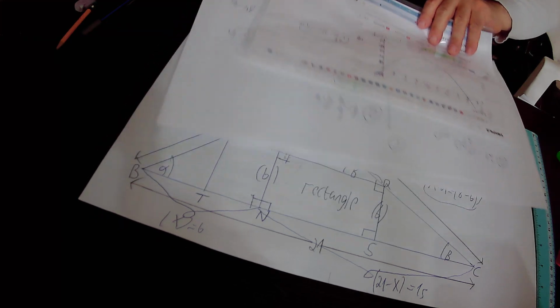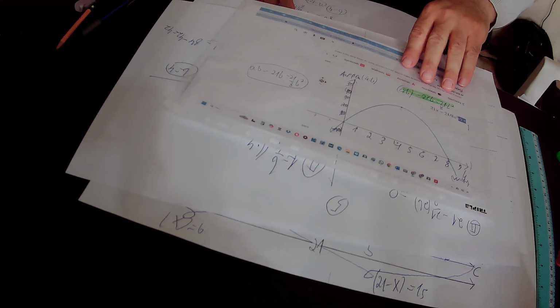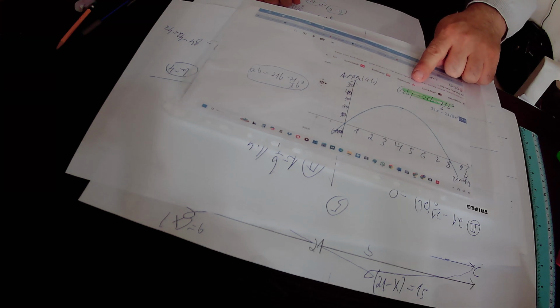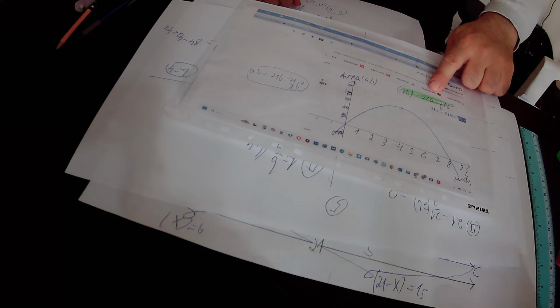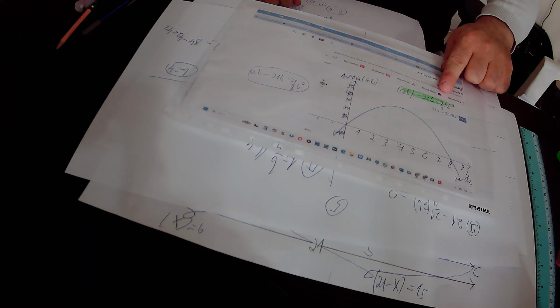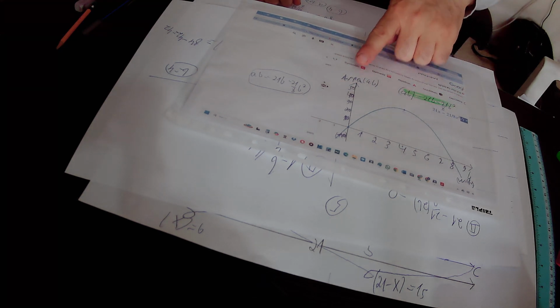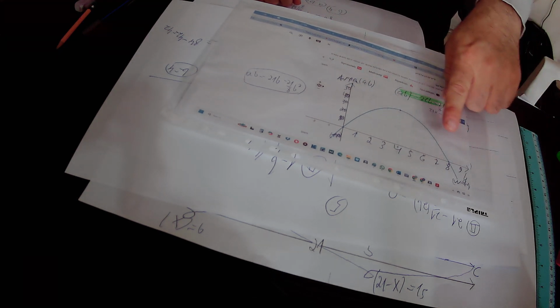This is the graph of the function area of this rectangle PQST. The function area is a times b, that is the area of rectangle PQST. This is equal to 21b minus 21 over 8 times b squared. In the y-axis we have the area, in the x-axis we have the width b.